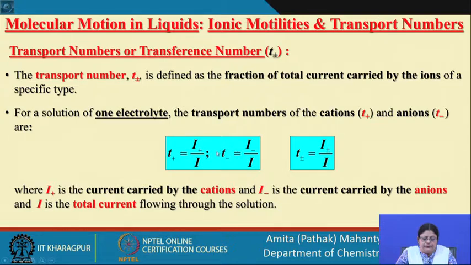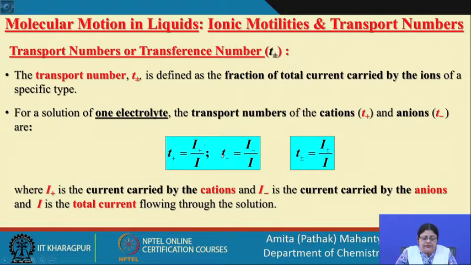Similarly, if we want to find the transport number of the anion present in the system, that will be the ratio of the current carried by the anion divided by the total current that is flowing. So, it is the fraction of the current which is carried by the negative ion. This is the fraction of the current which is carried by the positive ion.